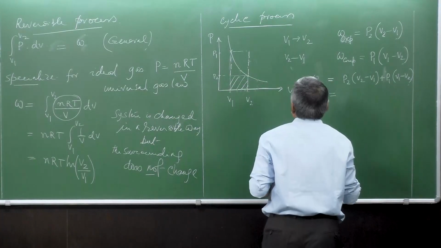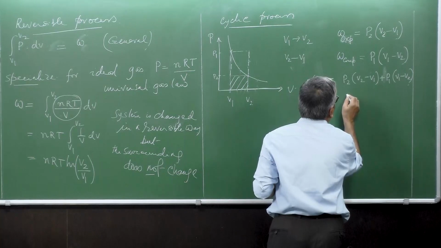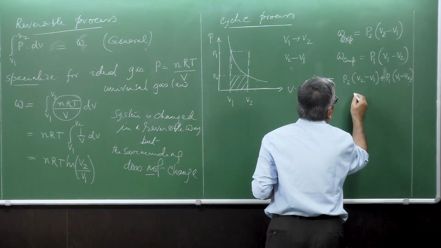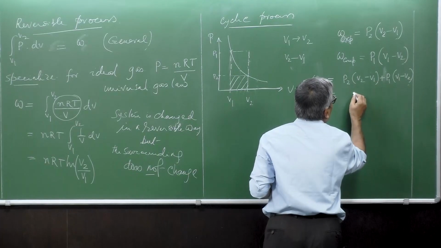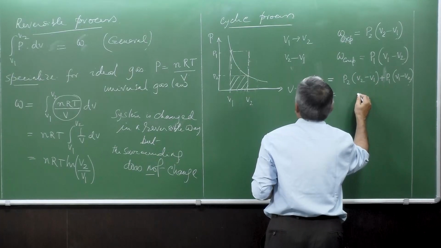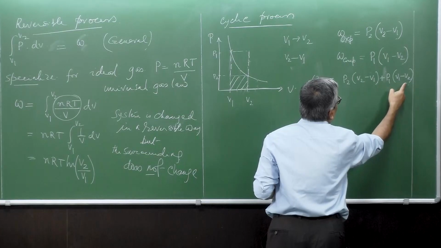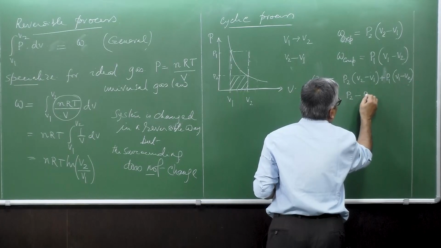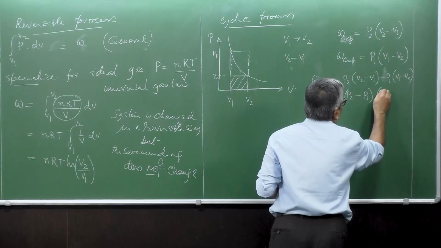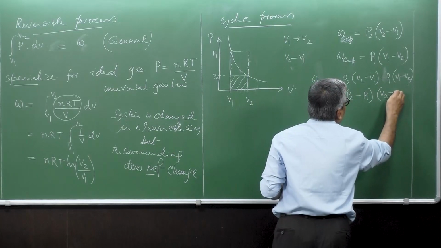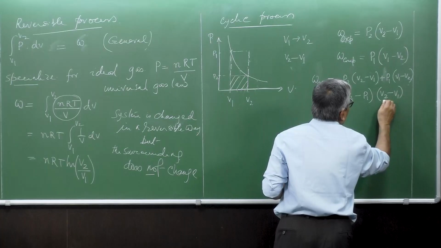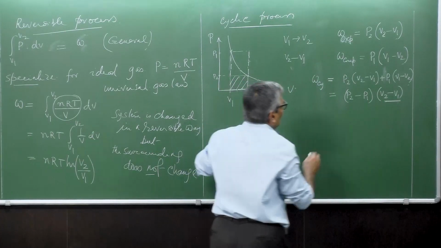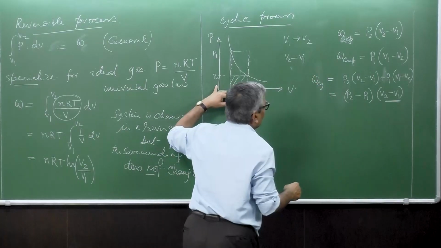That is basically P2 minus P1 times V2 minus V1. V2 minus V1 is a positive quantity, but P2 minus P1 is a negative quantity.